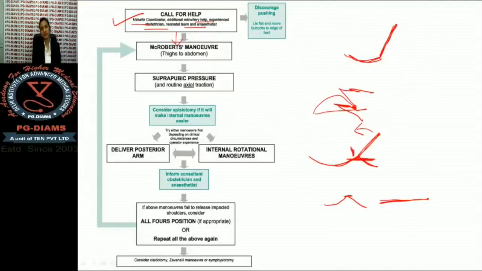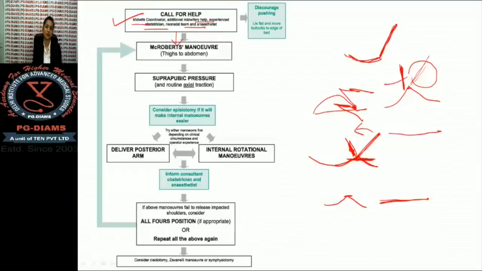What is shoulder dystocia? Shoulder dystocia is when the head is delivered but the shoulder is still behind the pelvic brim. So if there's a shoulder stuck here, this is your lumbosacral angle, that's the pelvic inclination, the head is outside and the shoulder is stuck here. If I straighten this angle, it will be easier to deliver the shoulder.